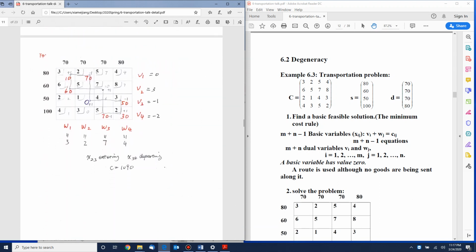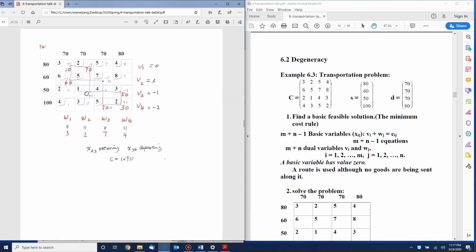In another way, if I choose, for example, that basic variable as x32 with value 0, then when we work it out, we found that the cost is 1090. Of course, you can do the work.